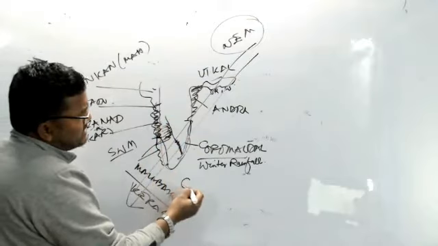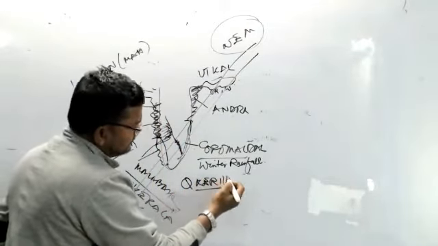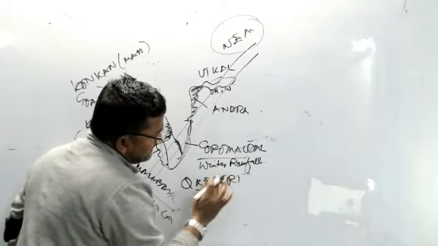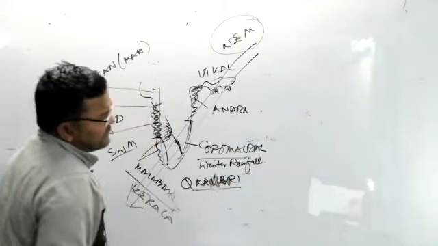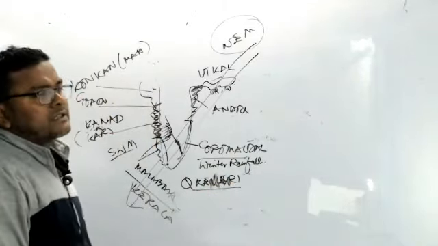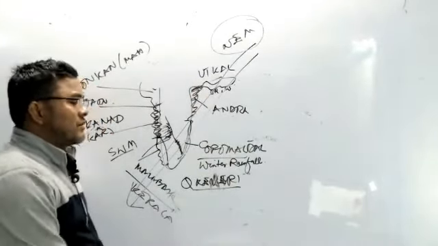That is why the question is: Kaveri is the only river that receives rainfall from the summer rain and the winter rain. Summer is the southwest monsoon and winter is the northeast monsoon.